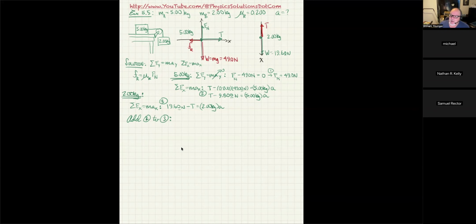So I can keep track of everything that I've used, because when you have multiple equations and multiple unknowns, the fundamental rule of algebra says if you have n unknowns, then you have to have n equations. You can't solve it if you have fewer equations than that. You've got to have the same number.